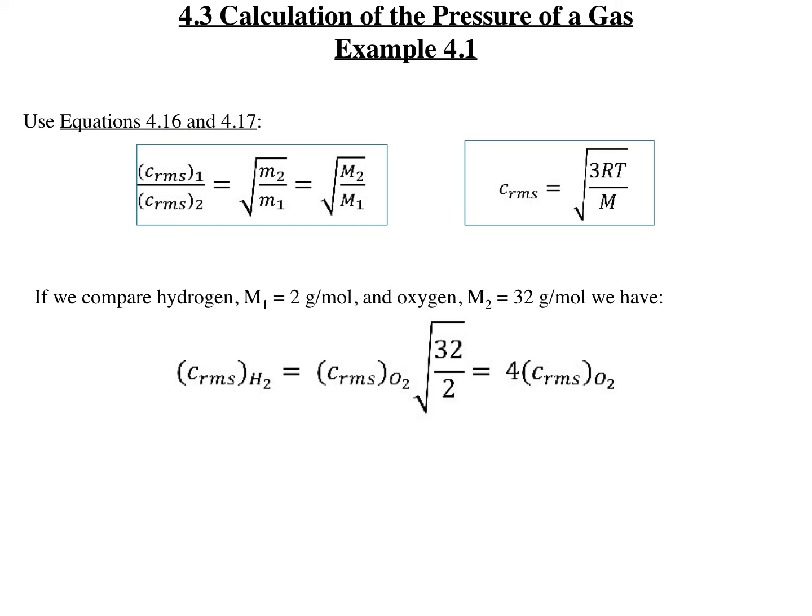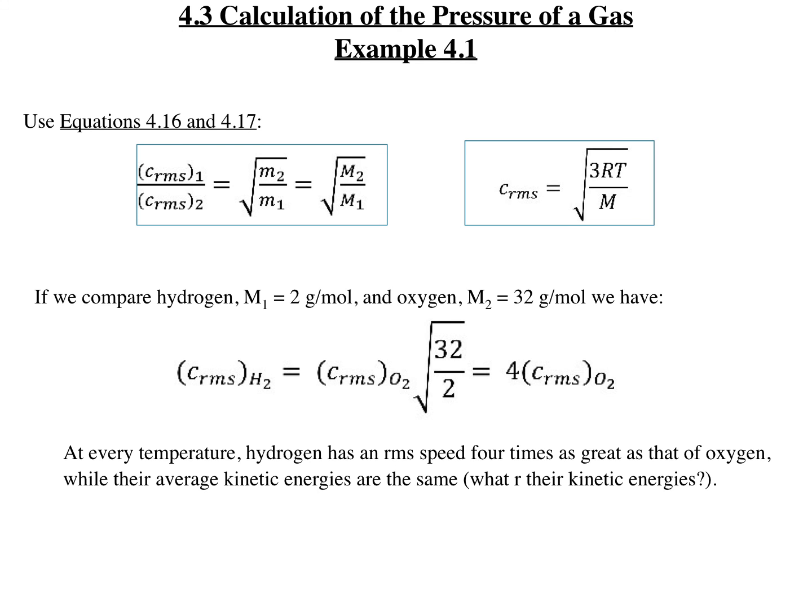This does not come as a surprise, but it clearly illustrates that the hydrogen molecules are moving much faster than the oxygen molecules. This is simply because of the differences in their masses. And we can be more exact and say that hydrogen molecules travel 4 times faster than oxygen under any temperature and pressure conditions.